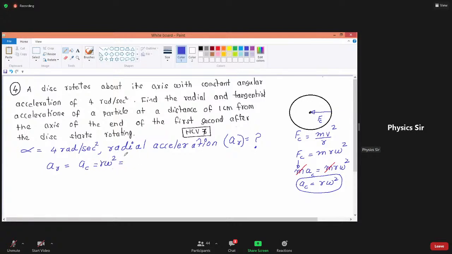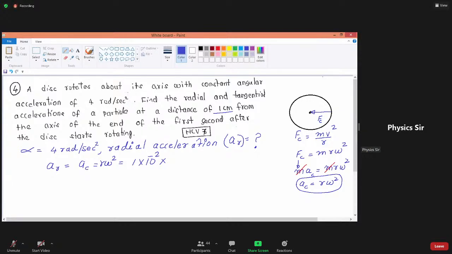What is the value of r? At a distance of 1 centimeter, so the r is 1 centimeter, means 1 into 10 to the power minus 2. What is omega ka square?